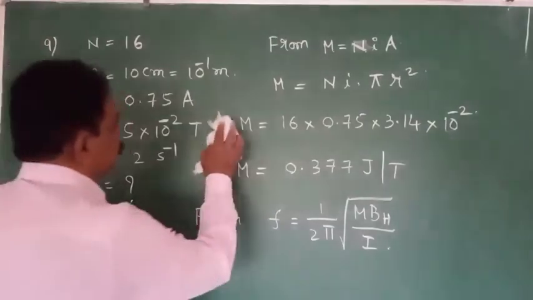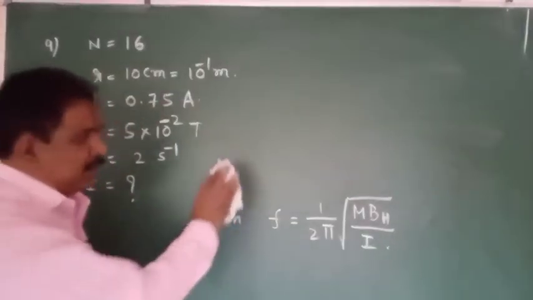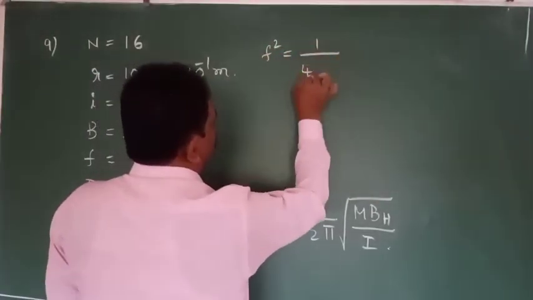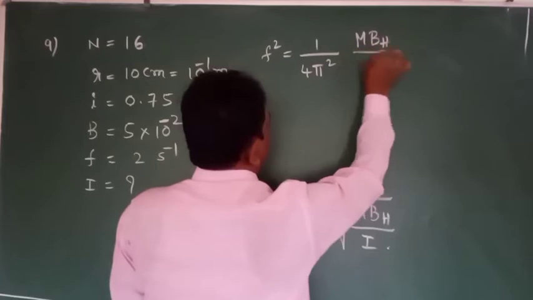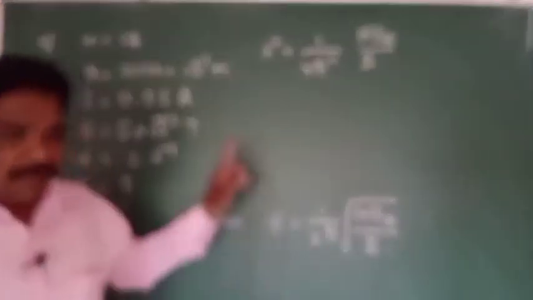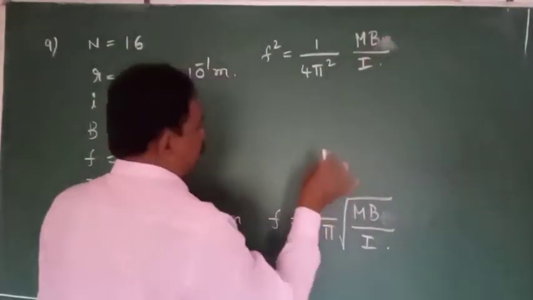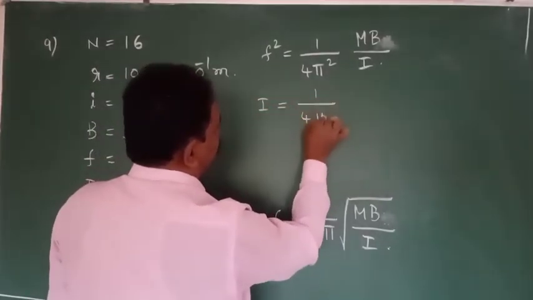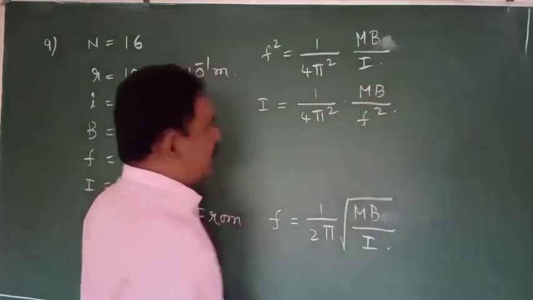Then how to calculate that value? See, if you square that one, F square is equal to 1 by 4 pi square into MB by I. We need the I value, so I is equal to 1 by 4 pi square into MB by F square.